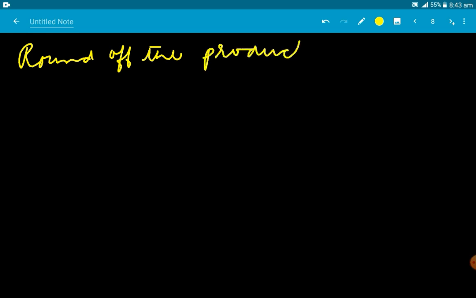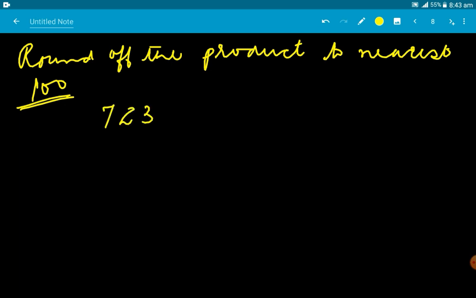Clear? Now if we have to find the round of the product to the nearest 100, you know how to round a number to the nearest 100. 723 multiplied by 250.